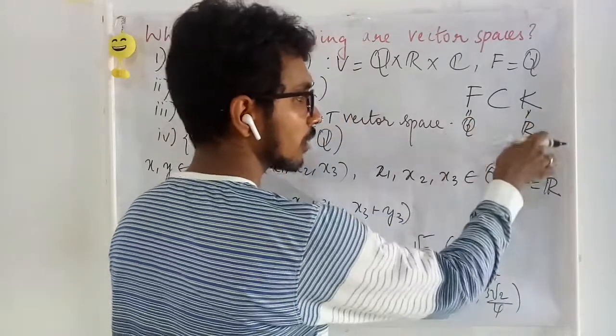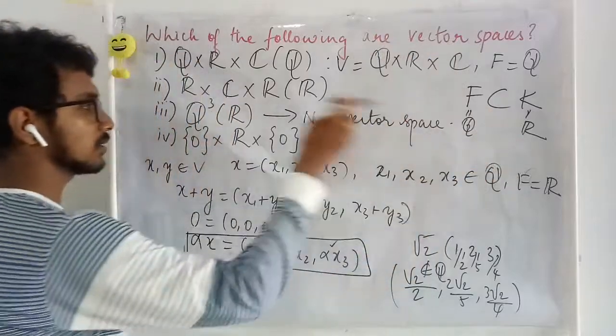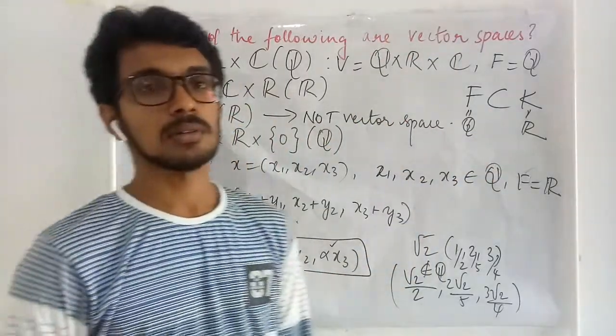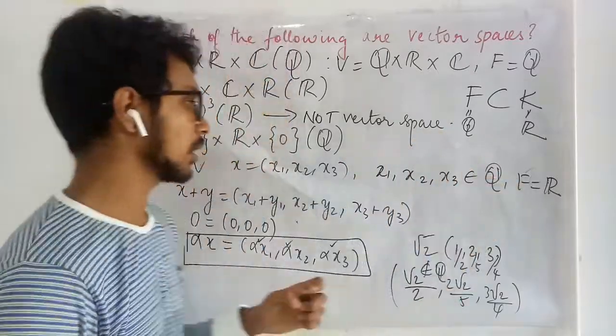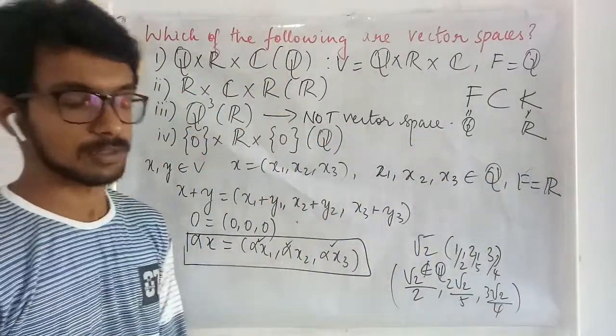So this Q will not form a vector space over R. Using that idea also, you can come to the conclusion that it is not a vector space.